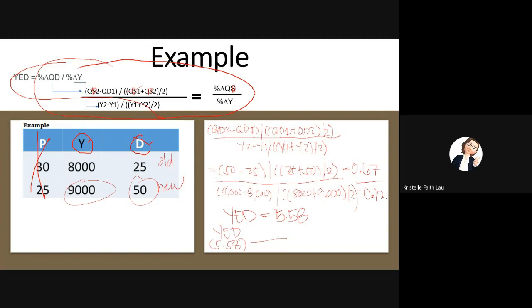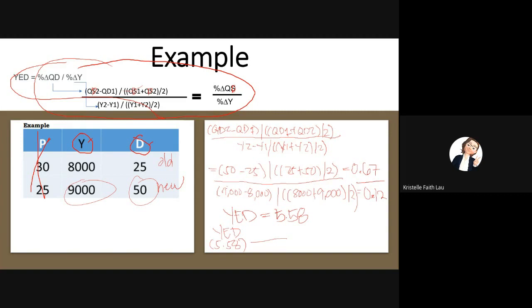Hindi na natin kailangan gumamit ng absolute value. Yung gagamitan natin ng absolute value is the PED and the PES. Pero sa income elasticity and the cross elasticity, if negative yung magiging answer nyo, stick with the negative answer, because magkakaroon ng problem with the interpretation.